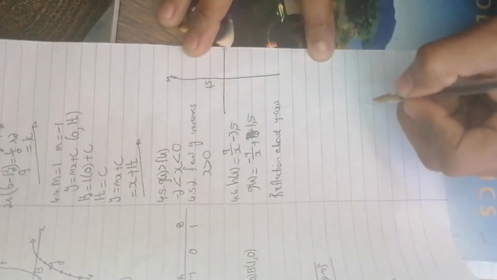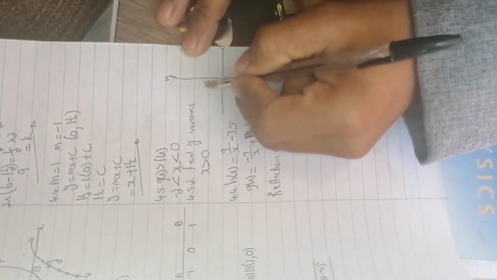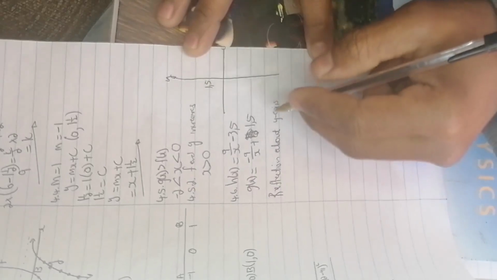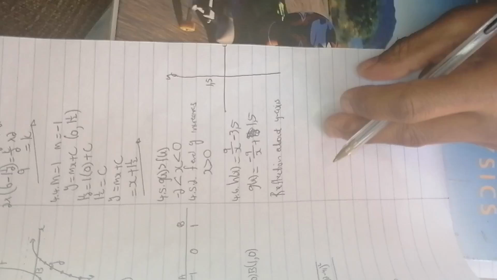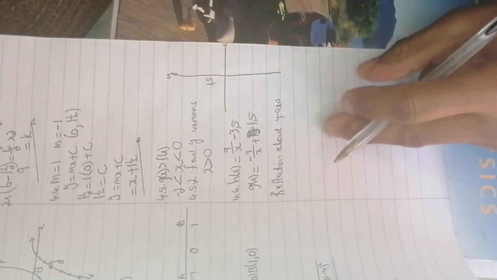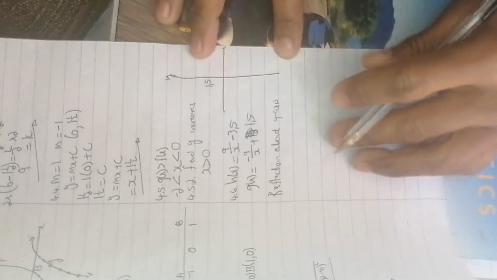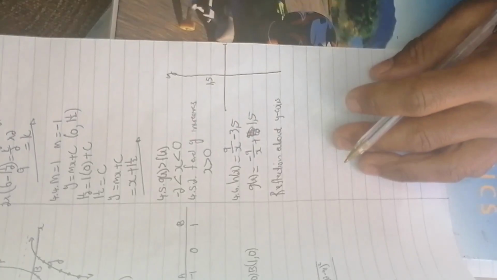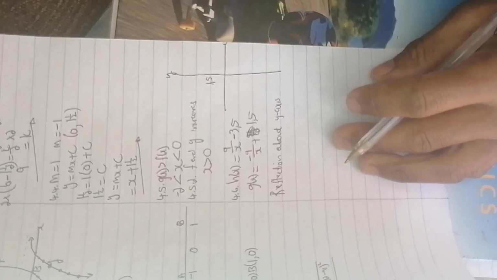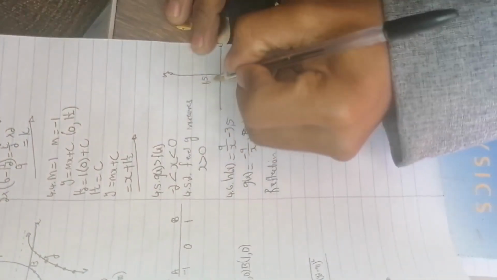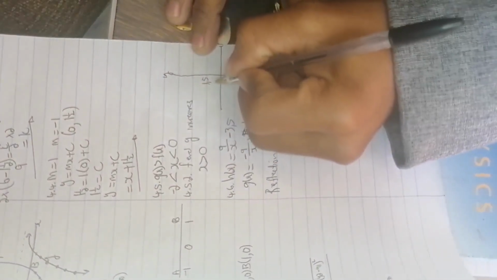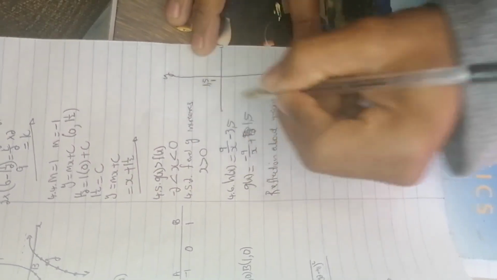Now I want to go to negative 3.5, so I'm going to say 1.5, and from 1.5 let me say 1.5 minus 0.5. I'm trying to find an easy way for you to understand this. 1.5 minus 0.5, we will get 1.